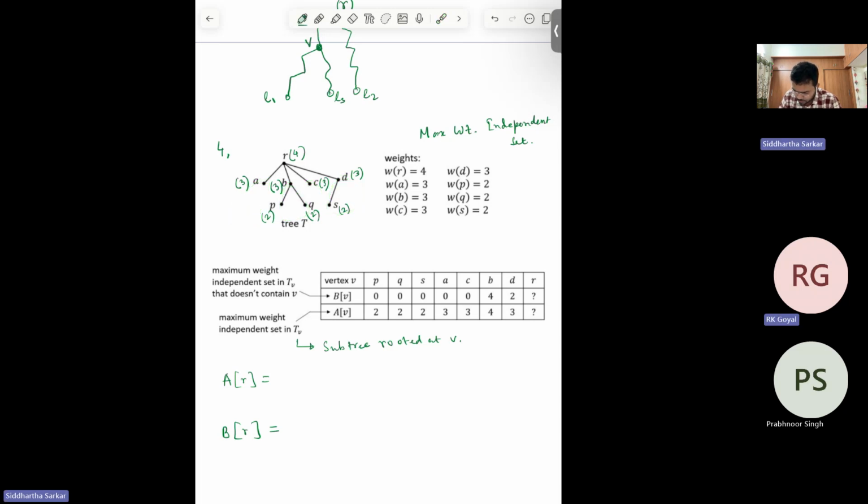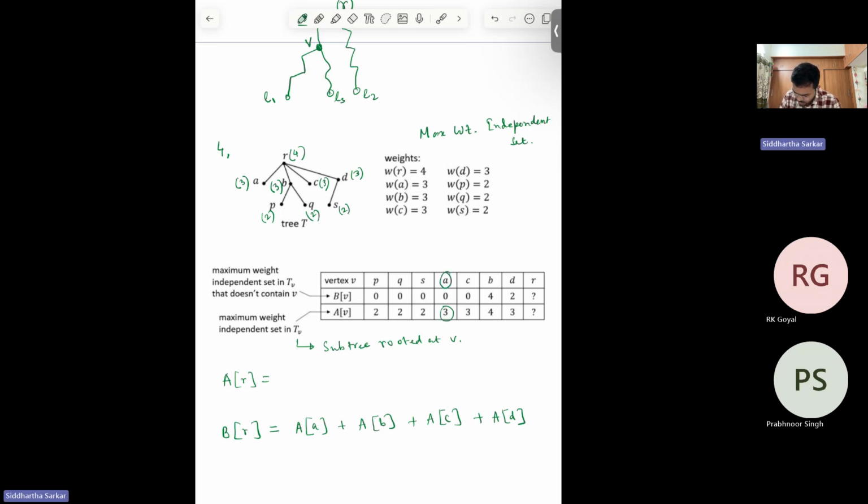So B of R would become A of the first child of R, A, plus the second child of R, B, third child of R, C, fourth child of R, D. These things we have already computed.